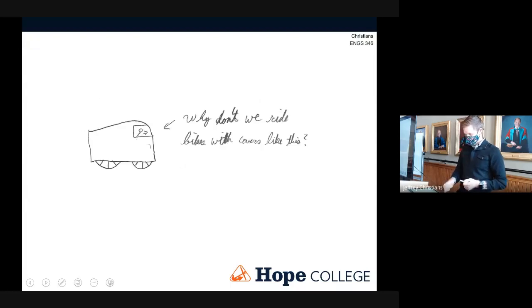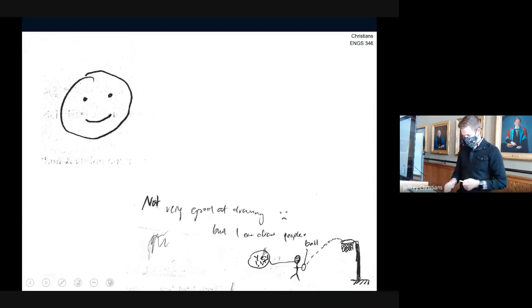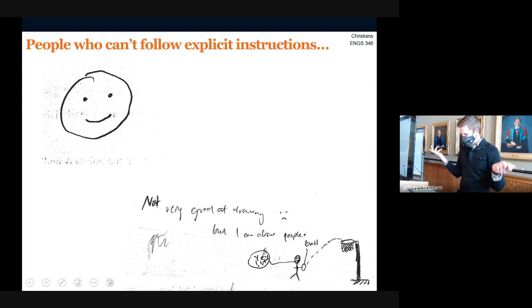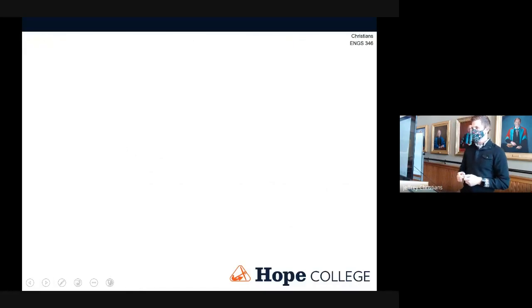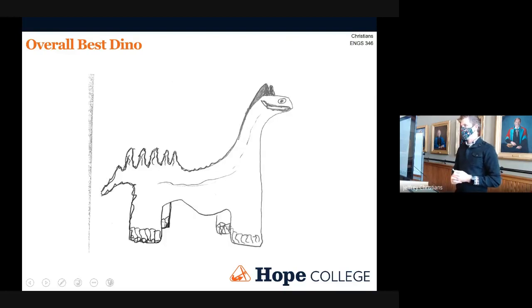Some people need some help following instructions, but it's a good question. And then I said to draw dinos. This wasn't that hard. But then this is the best in show. I'm not going to name who it was, but you can out yourself if you want. Overall best dino. This one was my favorite. It made me the most happy. So thank you.